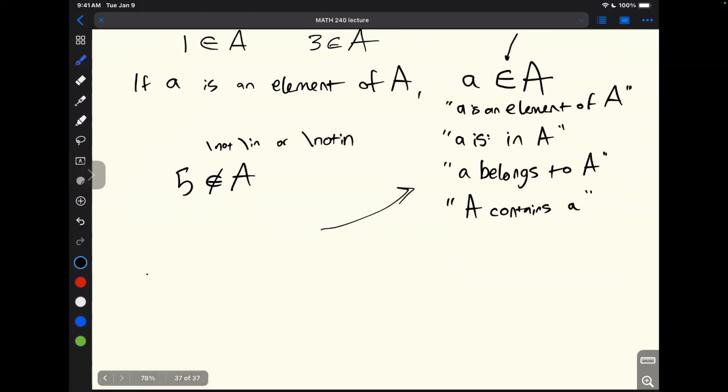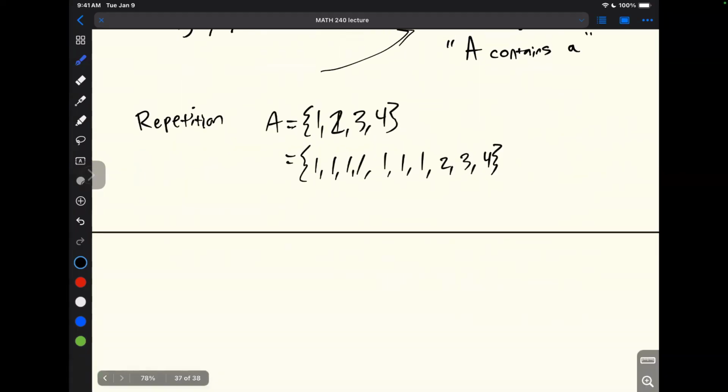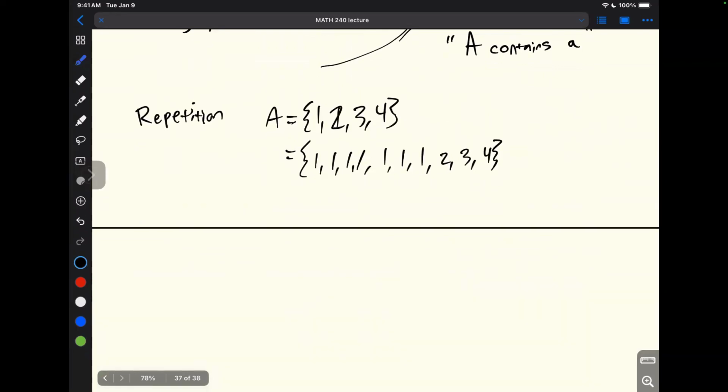All right, so we should talk about repetition, which kind of gets to what you were suggesting earlier with all 16 integers being the same thing. When we're talking about a set, A being 1, 2, 3, 4 is the same thing as us saying, if we've got so many ones in that set, it's the same set.